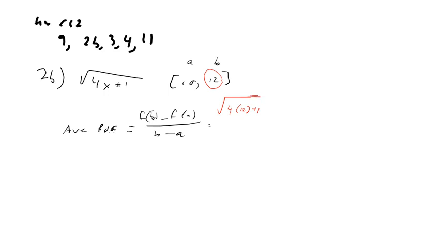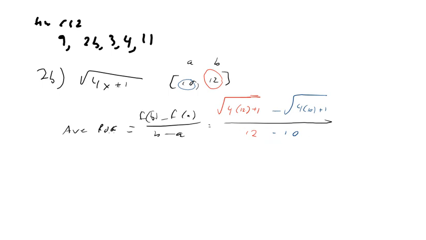And then plug in the a, minus square root of 4 times 10 plus 1, all over the distance between those 2 points, 12 minus 10. So you're finding a slope. You need to all be very, very good at just doing this automatically. Find the slope just means plug in the values, plug in the points.